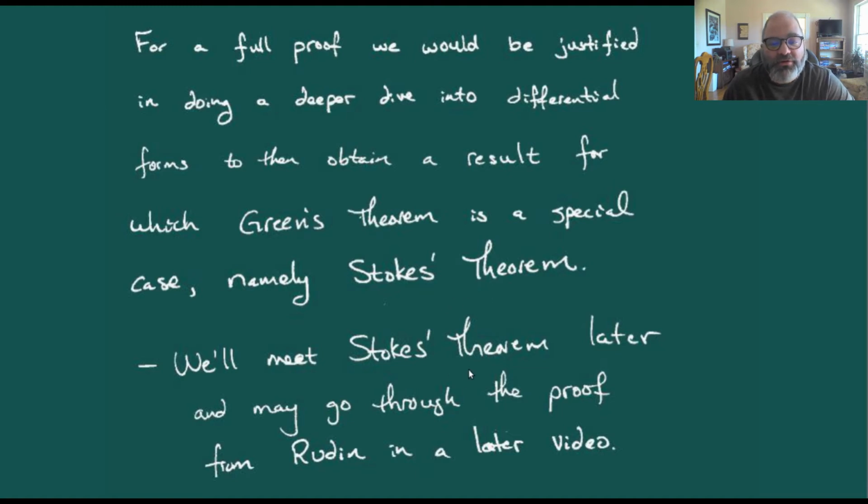We're going to meet Stokes' theorem a little bit later, and so we might come back and do a supplemental proof going through the differential forms, proving Stokes' theorem, and then getting Green's theorem as a consequence, by going through the proof that Rudin presents in his book, but maybe in a later video.